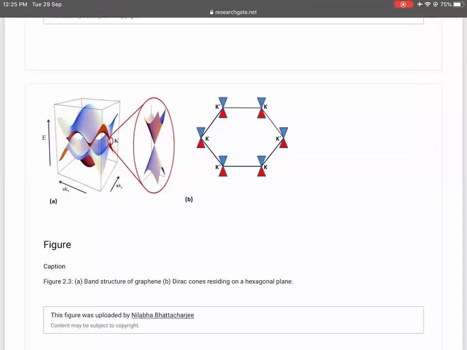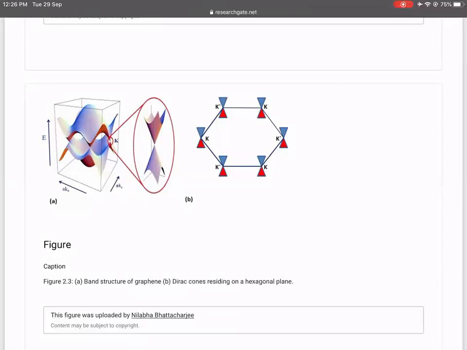So if I draw the constant energy surface corresponding to the highest occupied state, that will cut different bands in different ways. It can have intersections with more than one band, and each of these intersections will give me some surface. So the collection of all these surfaces is called the Fermi surface.